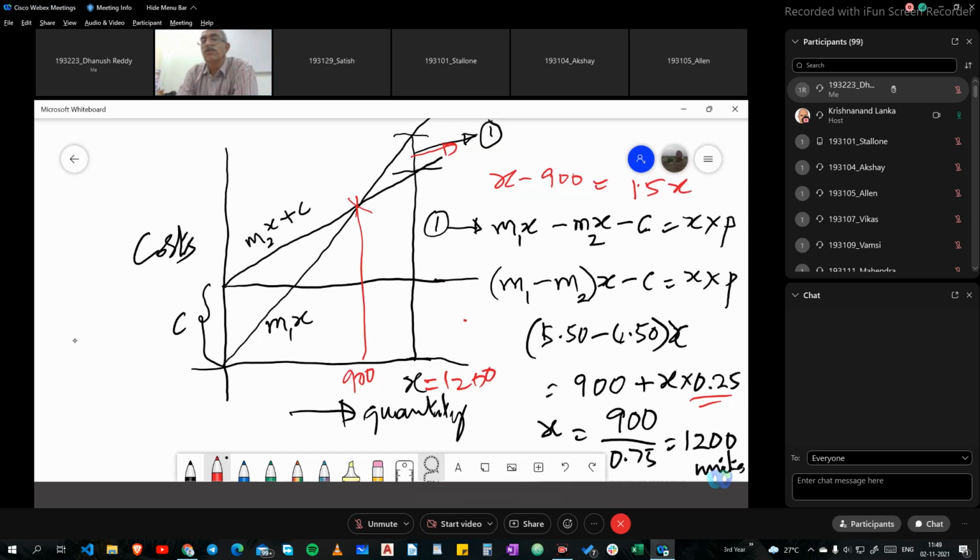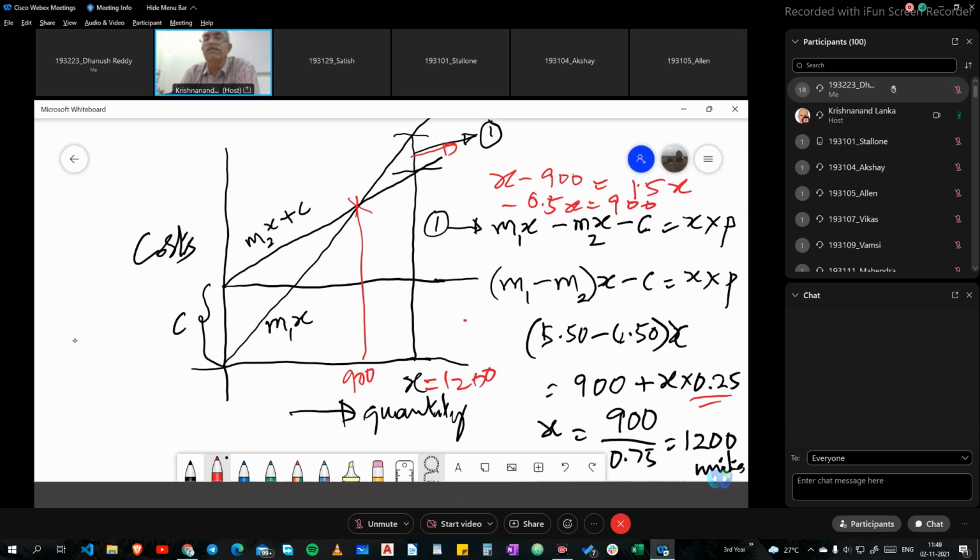So you end up having minus 0.5x is equal to 900, which is impossible. That means you can't make any profit if you want a margin of 1.5. So, which is an impossible one.